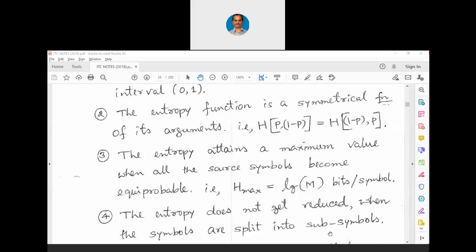For example, if the character A contains dots and dashes, then the information content of A is nothing but the information content of dot plus the information content of dash contained in that character A. So, if the symbol is split into sub-symbols, entropy will not get reduced, it will remain the same. For this last property, we have an exercise later on. You will understand this much better later on.